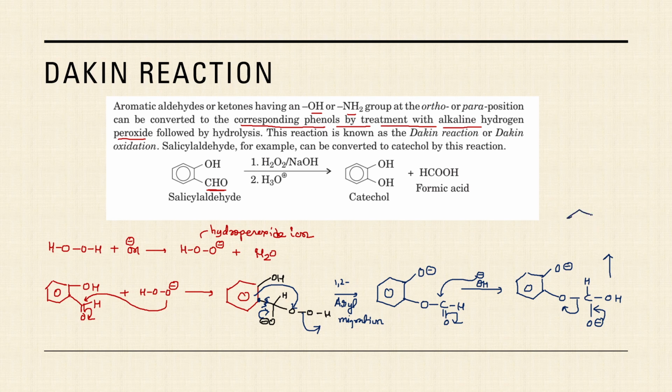So आपको ये से इस कैटेकॉल का एक anion मिल जाता है. Not a conjugate base. I'll not say that it's a conjugate base because conjugate base and the acid are related to each other by loss of just one proton or difference of one proton. इसको आप further H plus के साथ treat करते हैं and you get catechol.